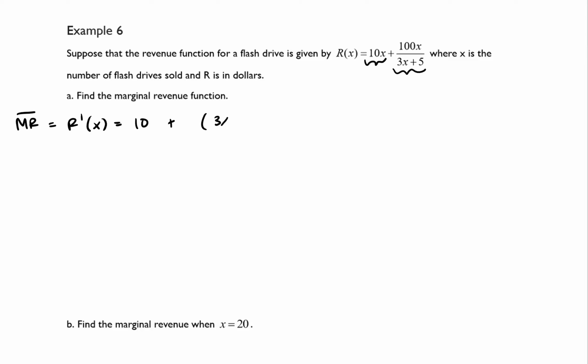So it's going to be bottom times the derivative of the top minus the top times the derivative of the bottom over the bottom squared.